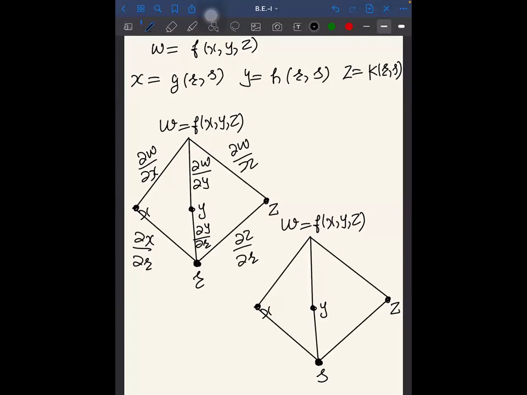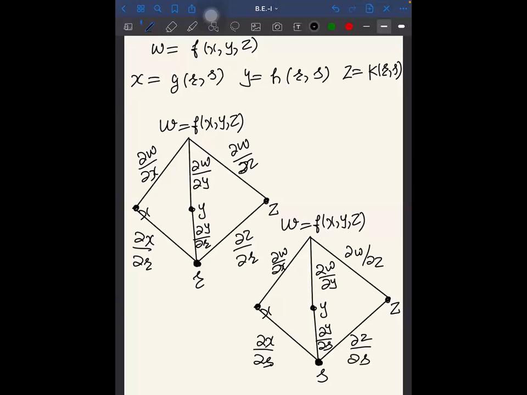And similarly, similar expressions are there, only your r will get replaced by s. So that is curly w upon curly x, curly x upon curly s, curly w upon curly y, curly y upon curly s, curly w upon curly z, curly z upon curly s.